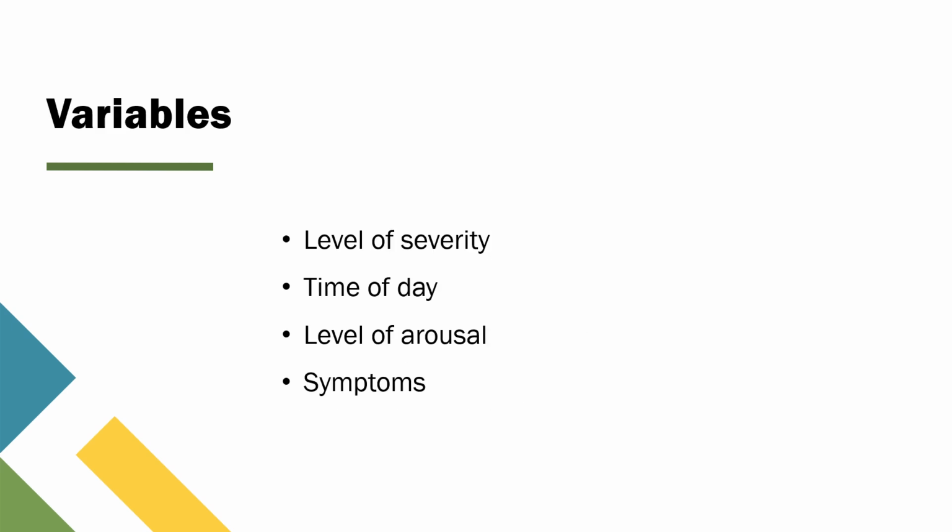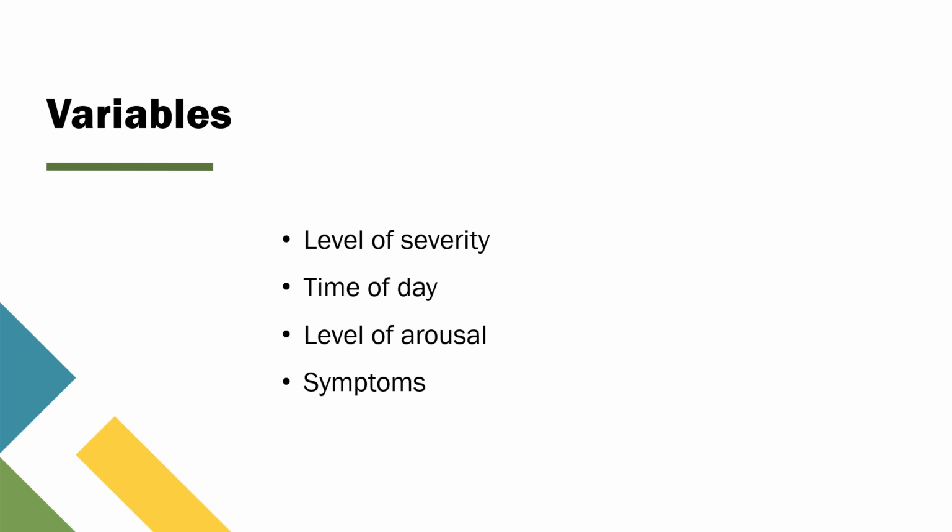So there are some variables with delirium. One would be level of severity. So are they a little bit confused or are they very, very unable to help participate in anything that you ask of them? It varies from time of day. Maybe they are very active at night and very drowsy during the day.